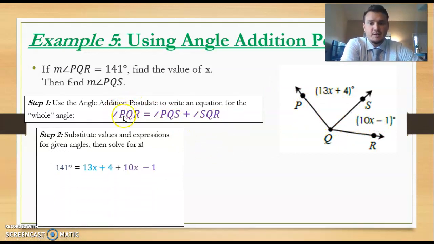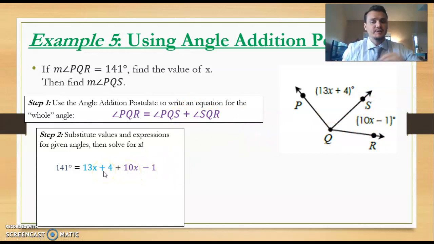We know that PQR is 141 degrees. That's where this comes in. We know that PQS is represented by this expression, 13x plus 4. Substituting in right here. And then we have our positive sign because it's angle addition. And then SQR is represented by 10x minus 1.